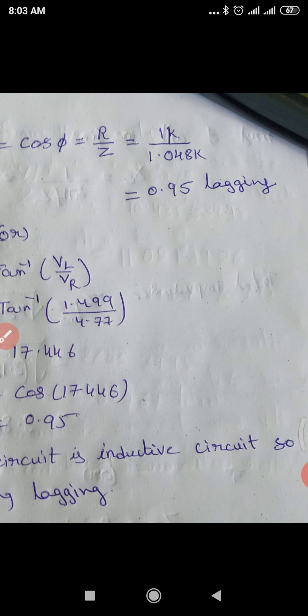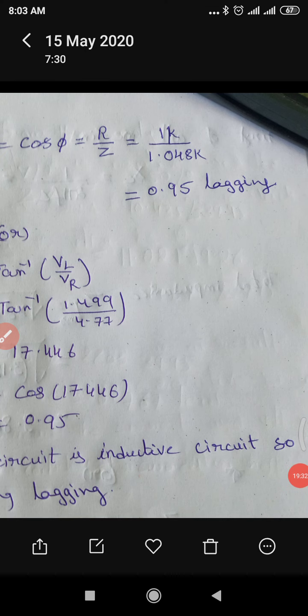Okay? So in this way we can solve the RL circuit and RC circuit. So once again let's see how this RL circuit or RLC circuit is calculated. What is the procedure? First of all, we have to write the given data from the given problem, that is step 1.